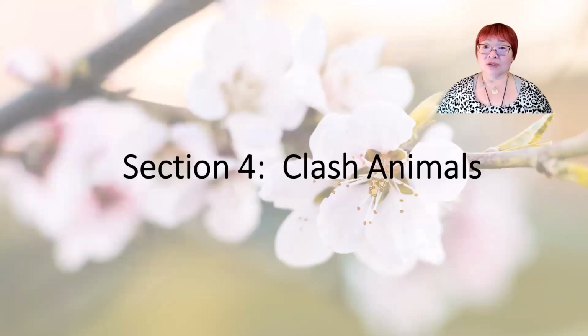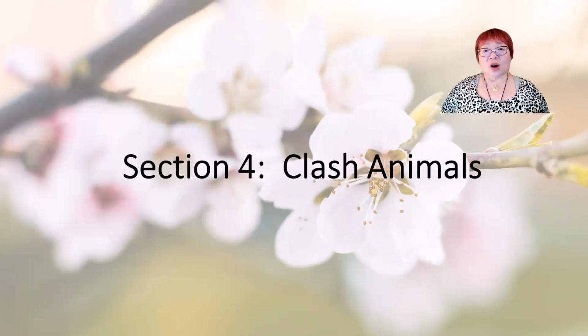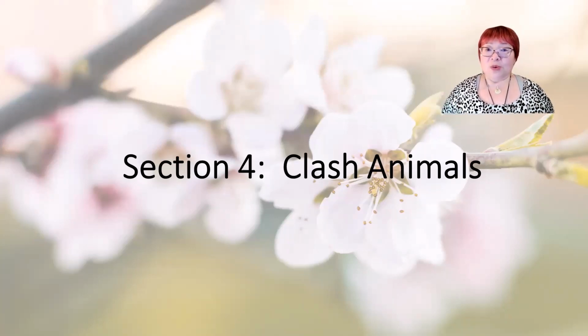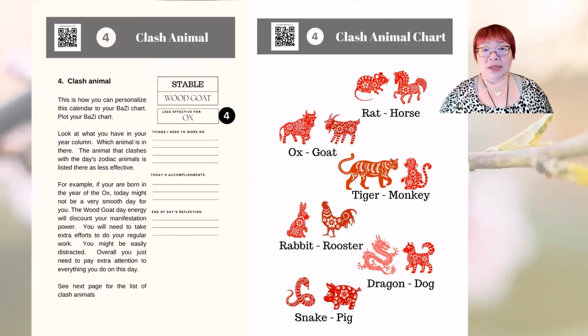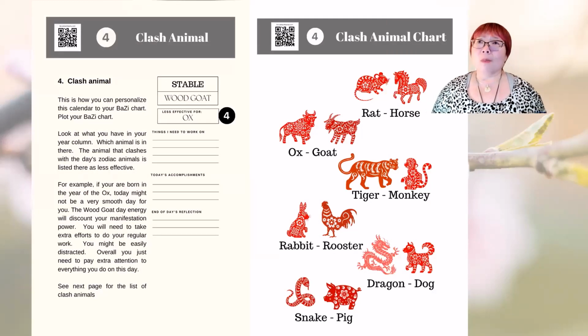Okay. Section 4, clash animal. Remember, I just talked about the day element and the animal. We are going to go deeper into it. Whenever you see a clash animal, meaning these are not your friends, these are actually your mortal enemy.